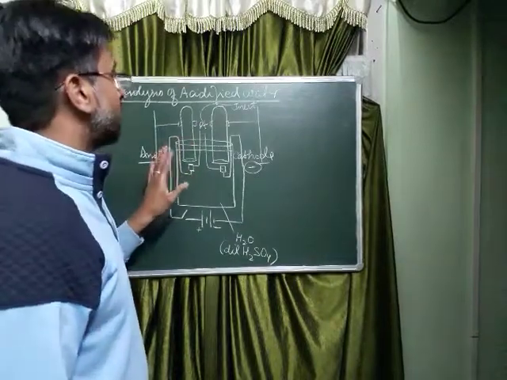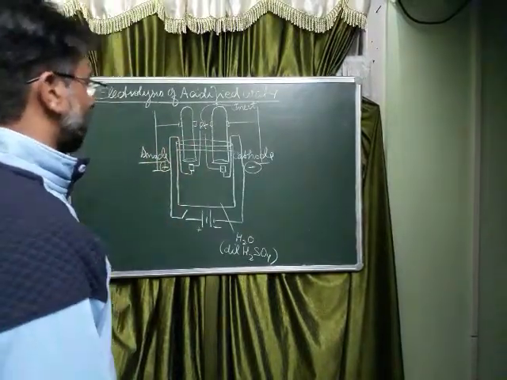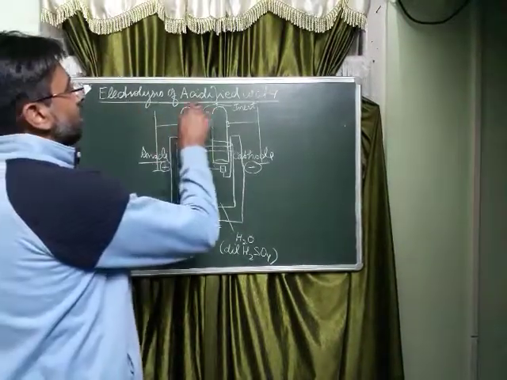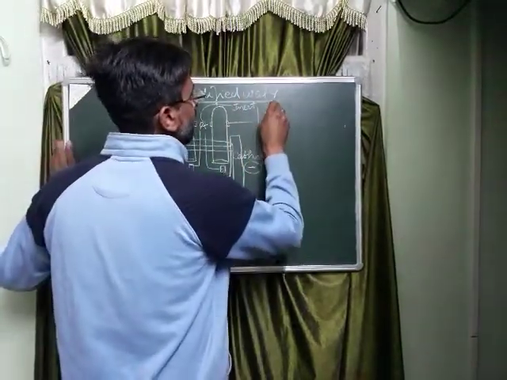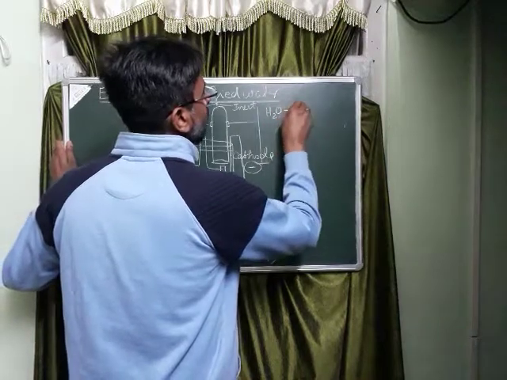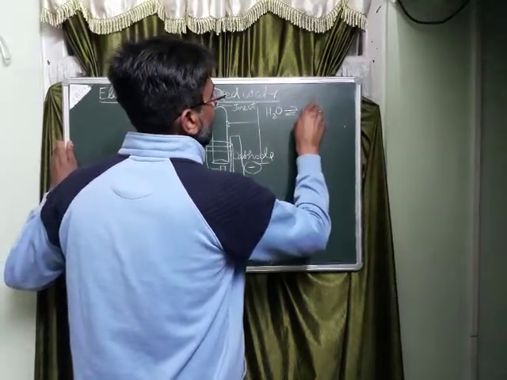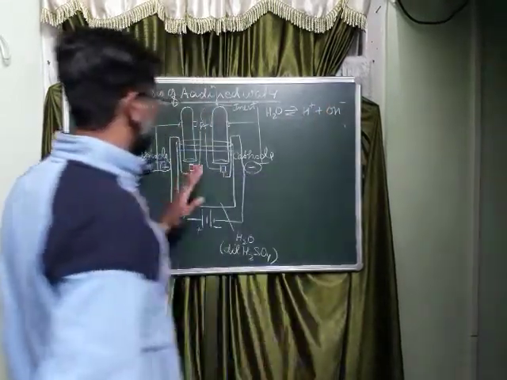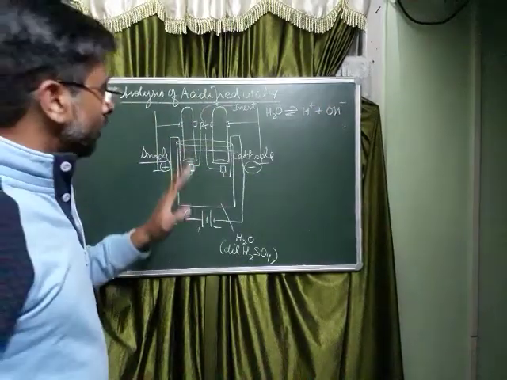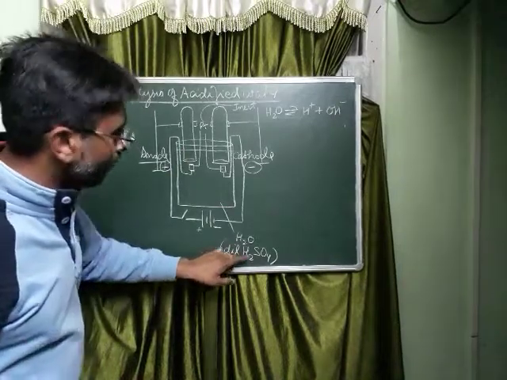Now let us see what ions are present. In this electrolysis of acidified water, water is the main component. So water is going to provide us with H plus and OH minus ions. The other component is dilute sulfuric acid.